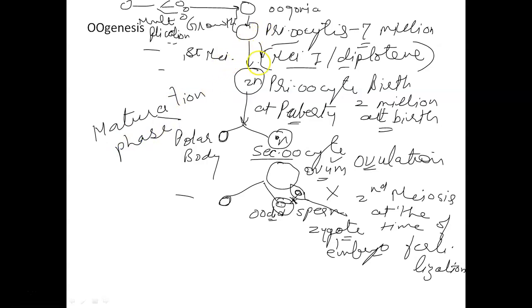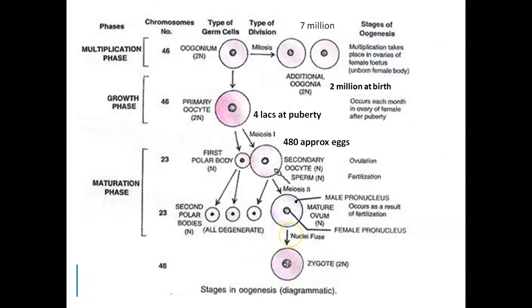Because the primary oocyte is arrested, and then the secondary oocyte is also arrested. The second meiotic division starts, but the second meiosis is arrested at metaphase 2 in the secondary oocyte. It is not complete meiosis 2, but the metaphase 2 stage. So many interruptions are there. Okay, that's all for oogenesis.